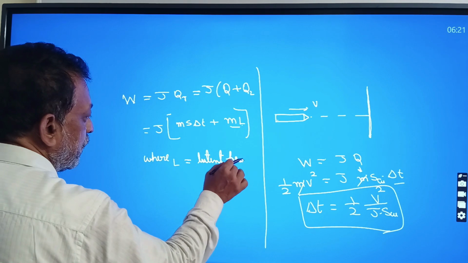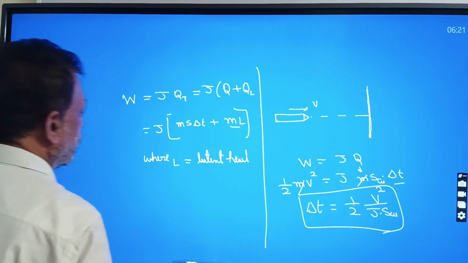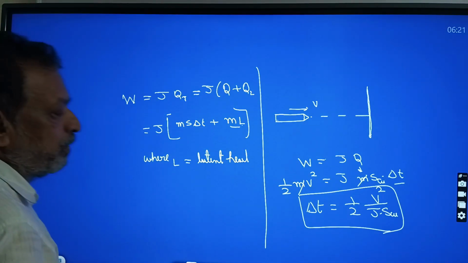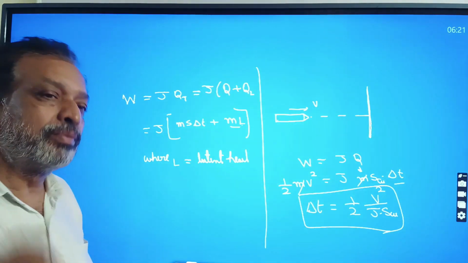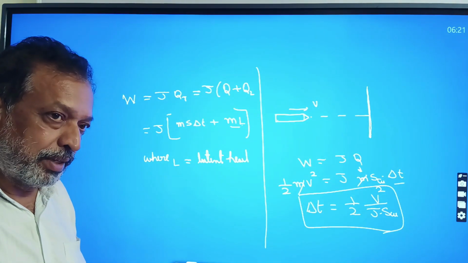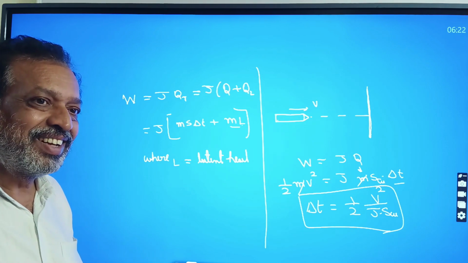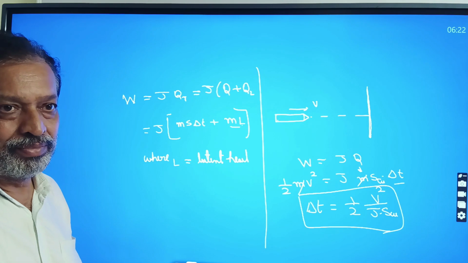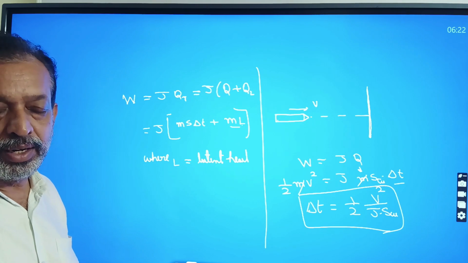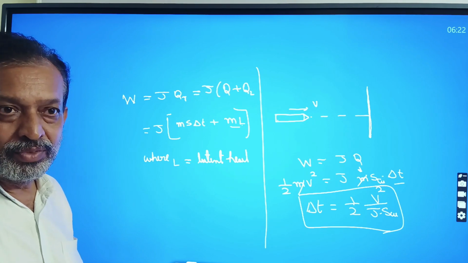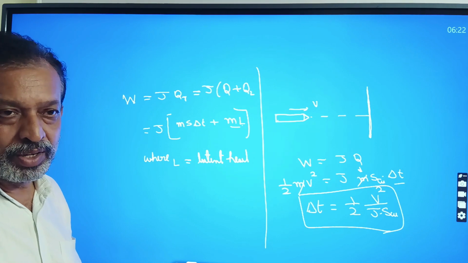They will give the value of latent heat for the metals. But the latent heat of fusion of ice is how much? 80 calorie per gram. And the latent heat of vaporization of water is 540 calorie per gram.